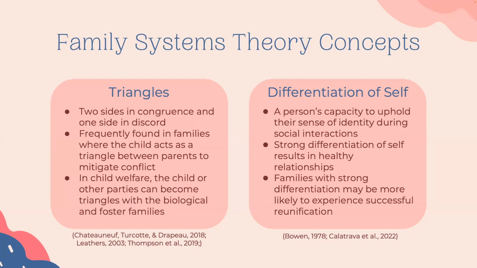In contrast, people who are not differentiated well are more likely to encounter interpersonal challenges, such as disagreements with others, elevated anxiety levels, that sort of thing. In other words, families who have strong differentiation may be more likely to experience successful reunification than families who do not.